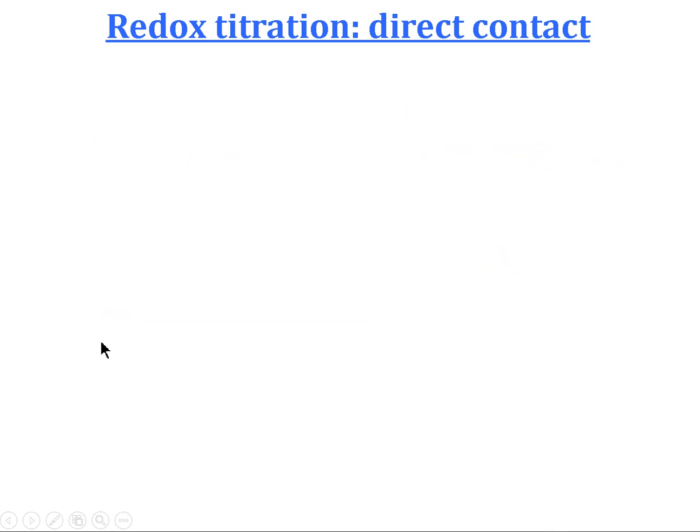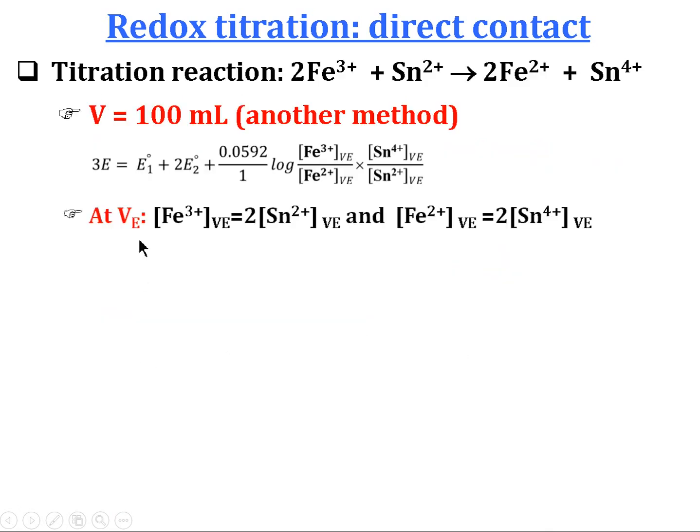So in the expression 3E equals E01 plus 2E02 plus 0.0592 log of all this expression, the concentrations of Fe3+, Fe2+, Sn4+, Sn2+ become equal to 1, since Fe3+ equals 2 Sn2+ and Fe2+ equals 2 Sn4+.